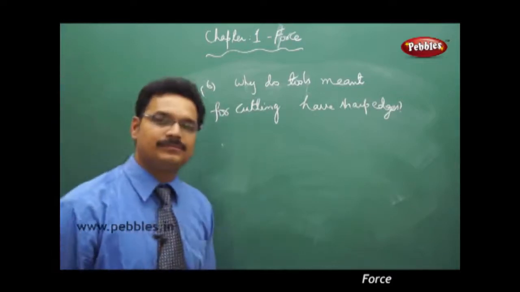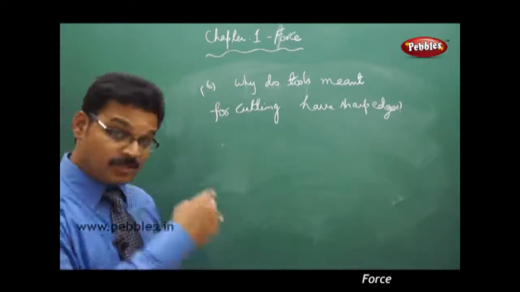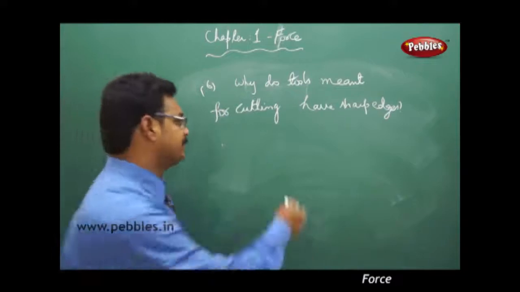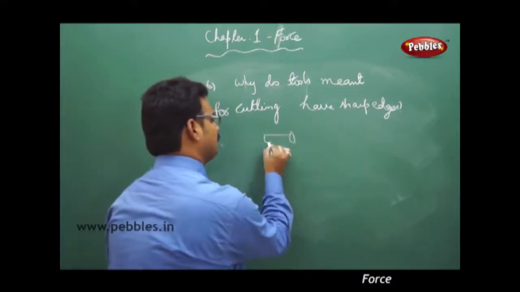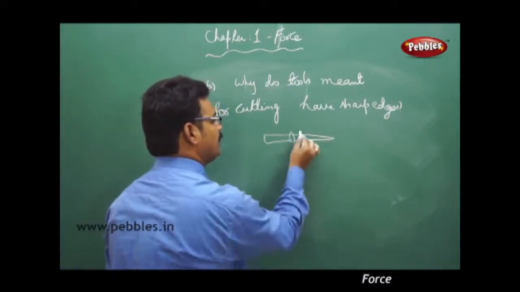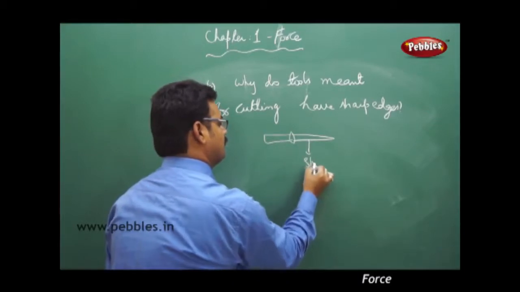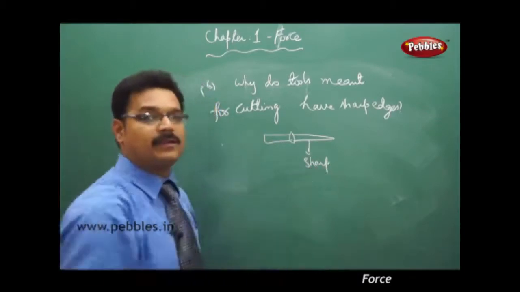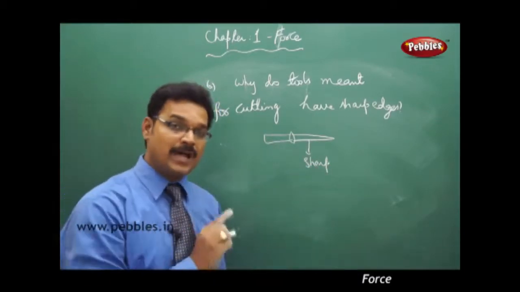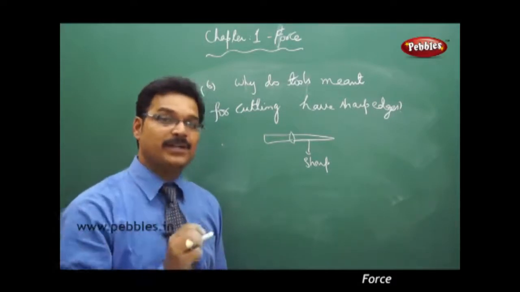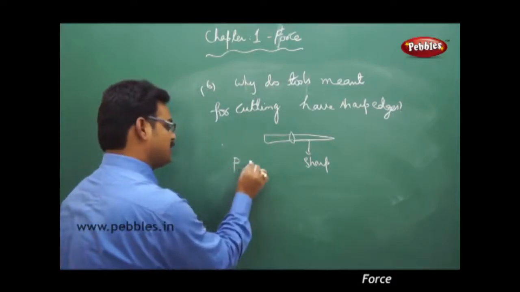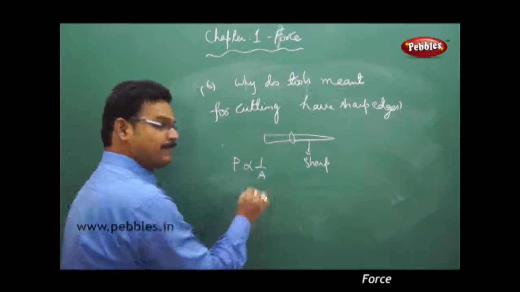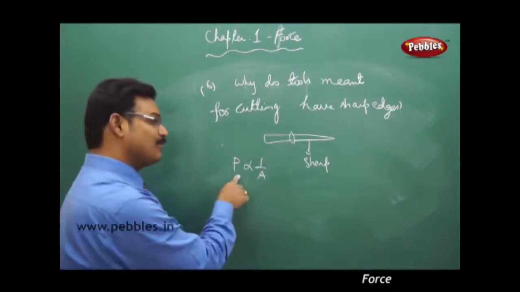Take a knife. Knife has a sharp edge. Why? If you want to know the answer, then you have to go to the concept called pressure. There we discuss that pressure is inversely proportional to area. Lesser the area, more the pressure.